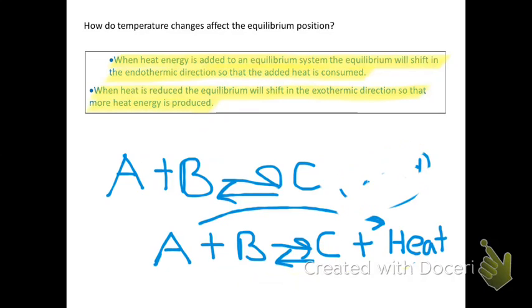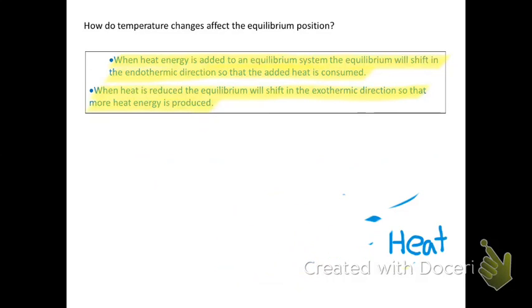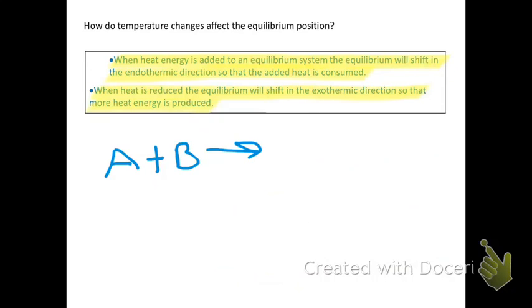Now, let's look at a different situation. Let's erase all of this. Now, let's say, again, we have a reaction, and we're going to take A plus B, and it produces C plus D, and it's a reversible reaction, so eventually it'll establish equilibrium.